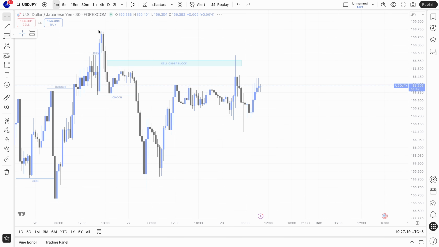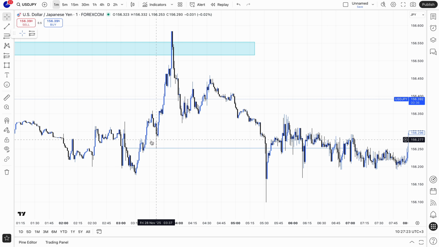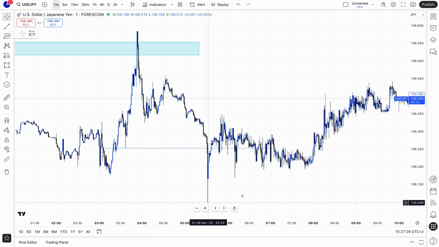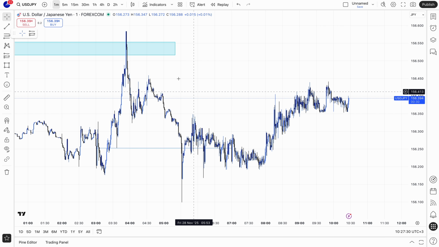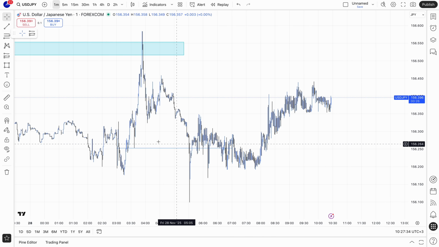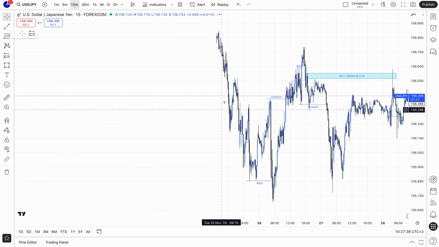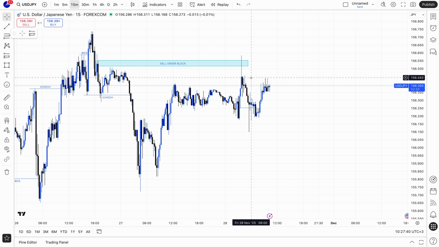Information 1 minute. We had a shift from here, very well, and we didn't get that continuation. Shift from here, and we didn't get that confirmation. Then let's go to 15 minutes.